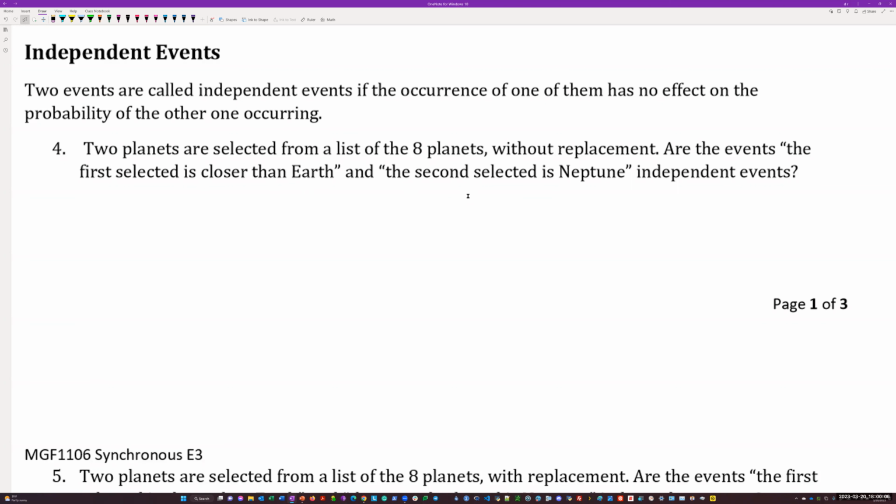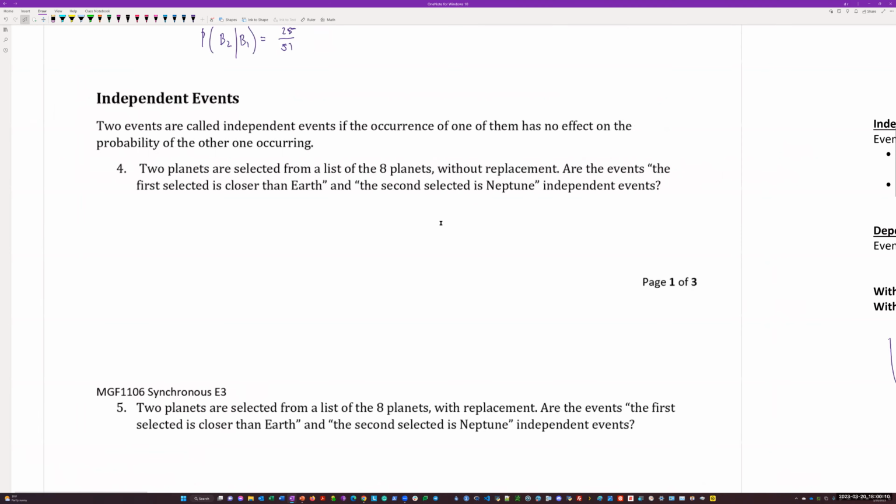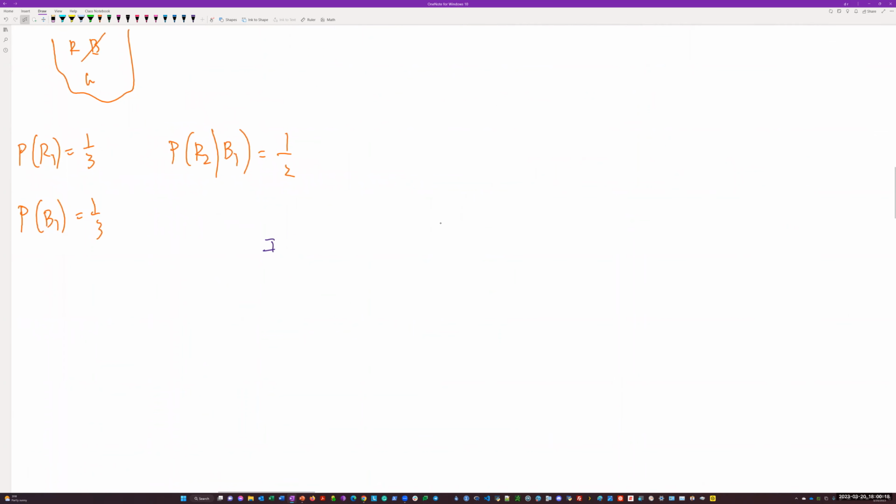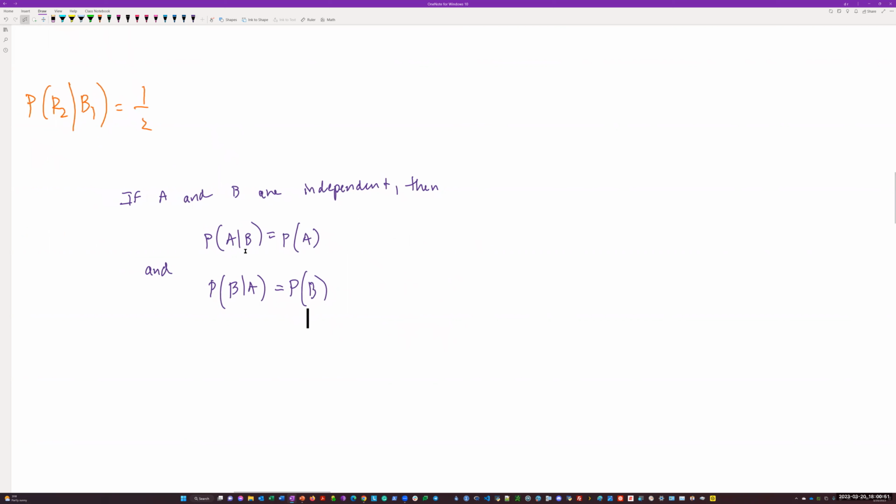Let's just say something first to say how we can check if things are independent, okay? So if A and B are independent, then the probability of A given B is really just going to be equal to the probability of A. Also, the probability of B given A would have to be equal to the probability of B. Because if I say A given B and they have nothing to do with each other, what's the chances something happens given the fact that he flipped heads?